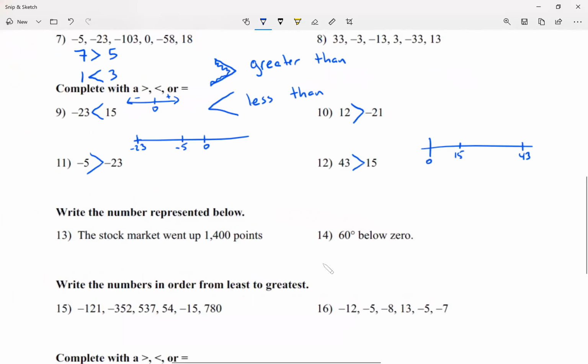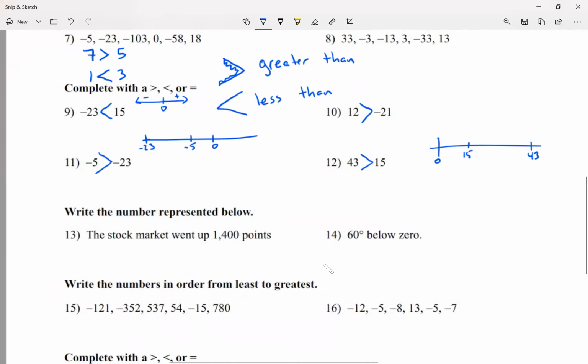When the smaller number is written first, we call this inequality sign less than. When the big number is written first, looking at question number 10, 11, or 12, we call that greater than.